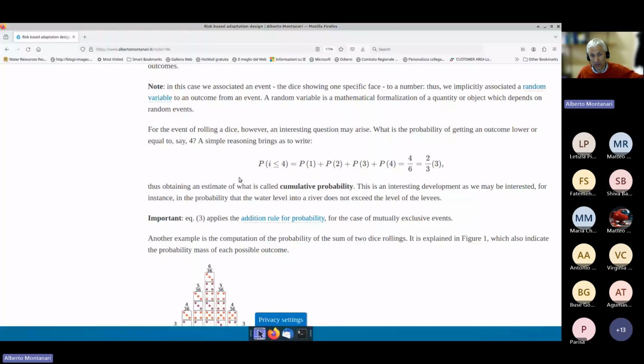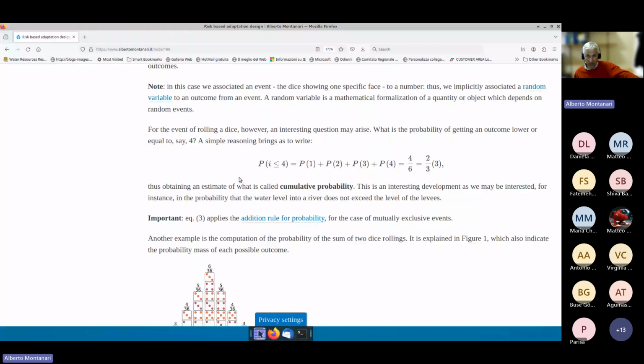So the probability of I equal or less than 4 is given by the probability of 1 plus the probability of 2 plus the probability of 3 plus the probability of 4. And we said that this is the way to compute the probability of not exceedance, which is the complement to 1 of the probability of exceedance. So I try to be clear on that.